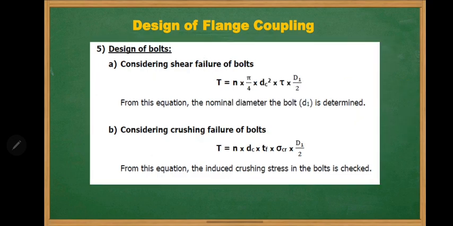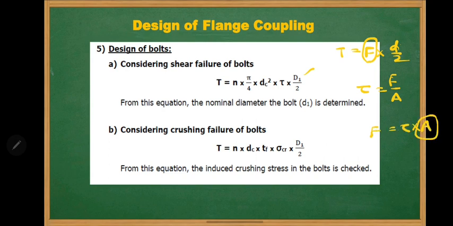Next is design of bolts. Considering the shear failure of the bolts, the basic formula is torque is force multiplied by radius, that is diameter by 2. Here you need to calculate this force, and instead of D, our diameter is D1, so the radius is D1 by 2. The value of force is calculated by using the equation of shear stress, tau is equal to force upon area, so force is tau multiplied by A. The area is calculated as N multiplied by pi by 4 dc square.